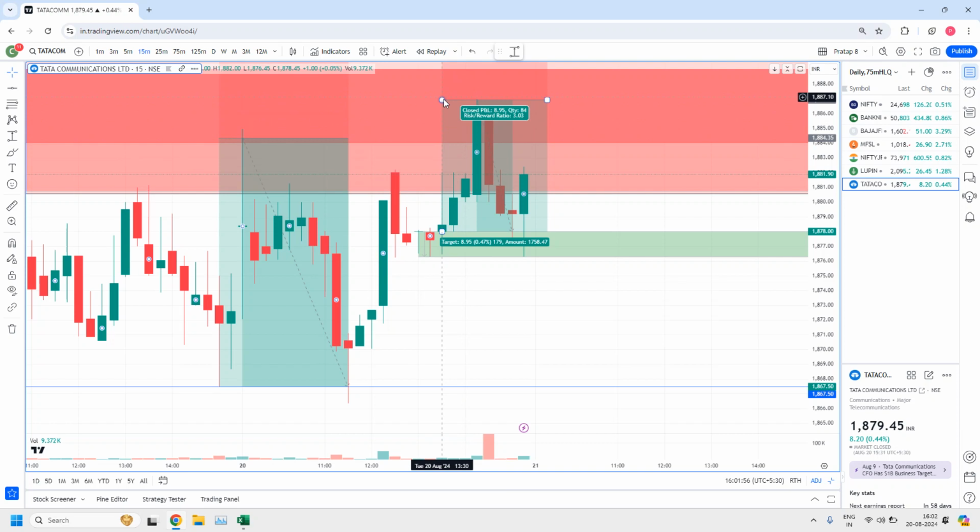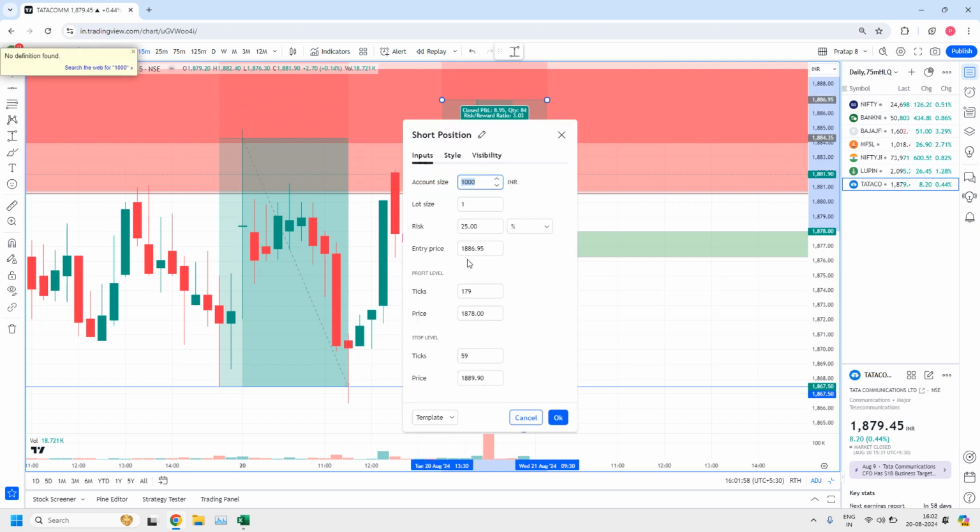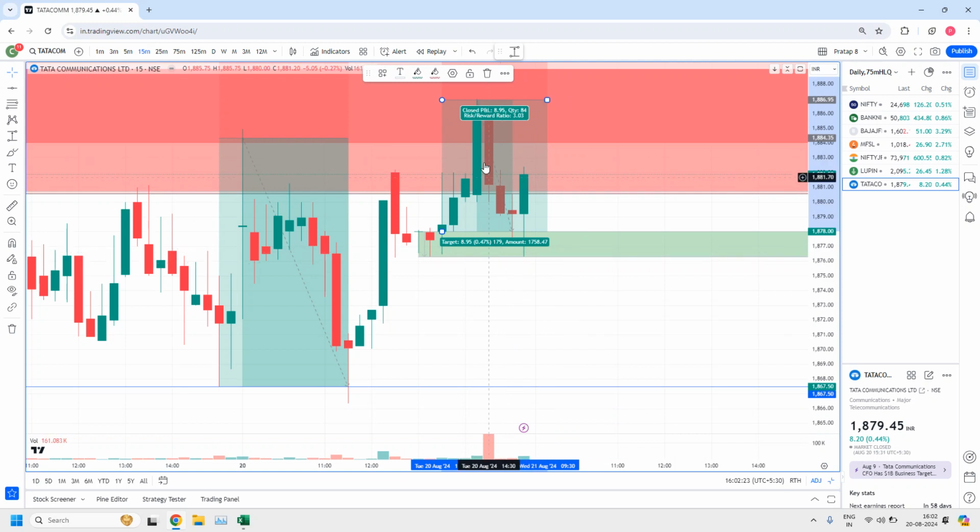But our entry is 1886.95. That means 5 paisa before the candle's high, our entry is executed. After your entry execution, prices will go up 5 paisa more. So definitely your entry would have been executed and your risk is also minimized.